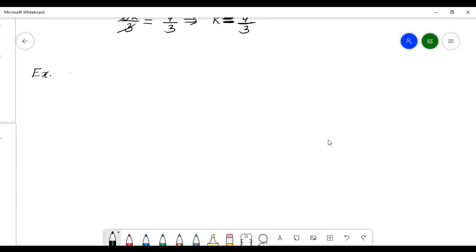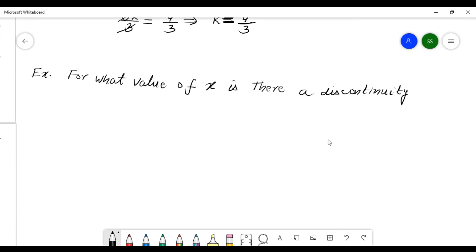For what value of x is there a discontinuity in the graph of this function?